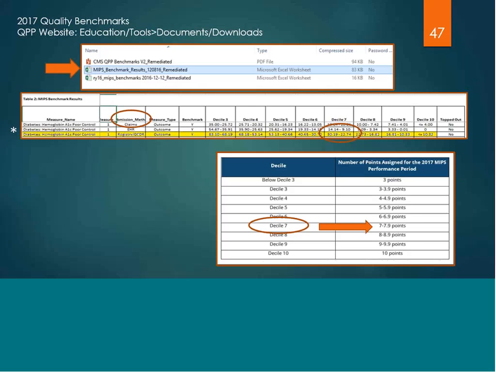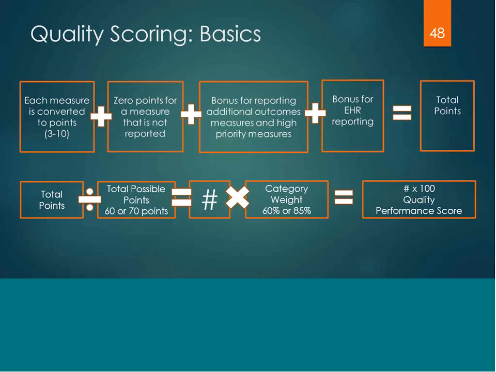Then cross-reference over to the decile scale to convert it over to the usable points. Again, each measure will be converted over to points on a scale from 3 to 10. You will receive 0 points for any measure that is not reported.